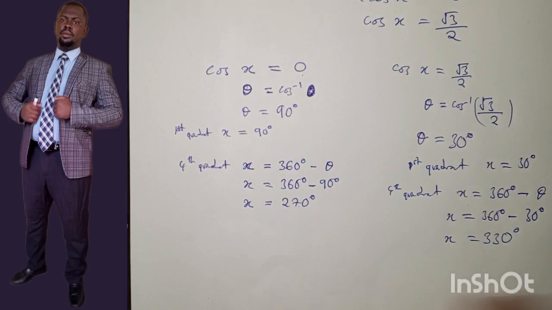So these are the values of x. We can list them from the smallest to the highest, in ascending order.